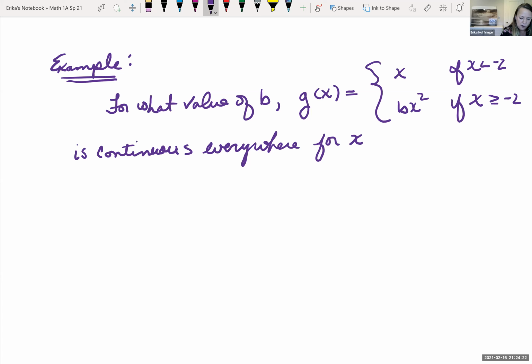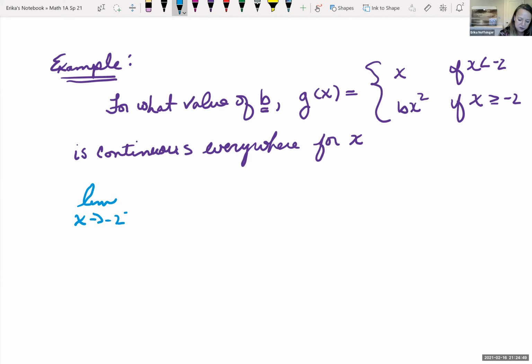So we want to figure out what value of b, if any, we can choose to make this continuous everywhere. The only place that it might not be continuous would be at that jump, or changing equations, at x equals -2. So let's first look at the limit as x approaches -2 on the left-hand side.